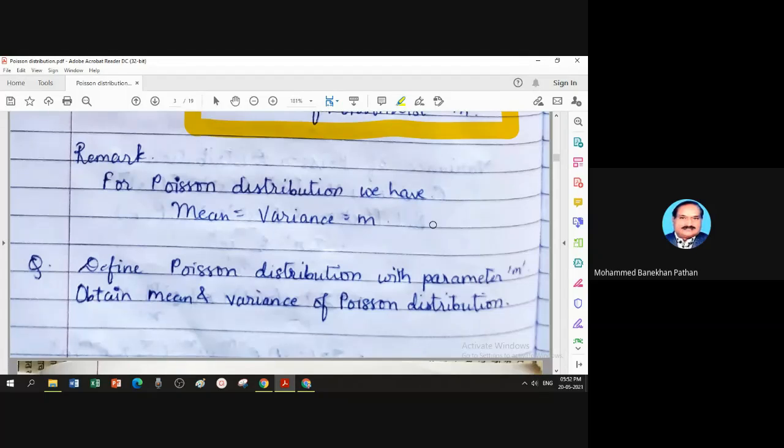For an online, multiple choice exam, you have to remember this remark: for Poisson distribution, mean equals variance equals parameter m. That is to be remembered.